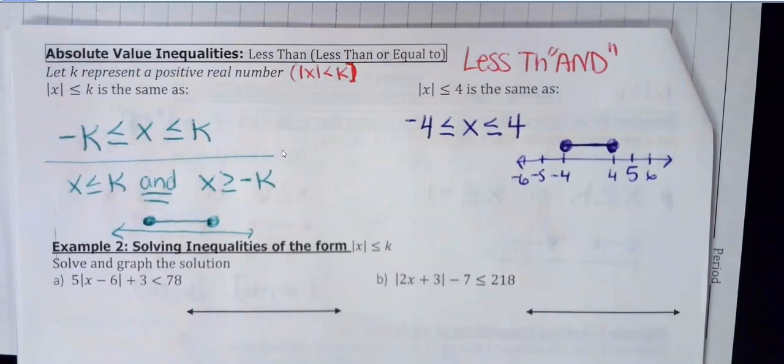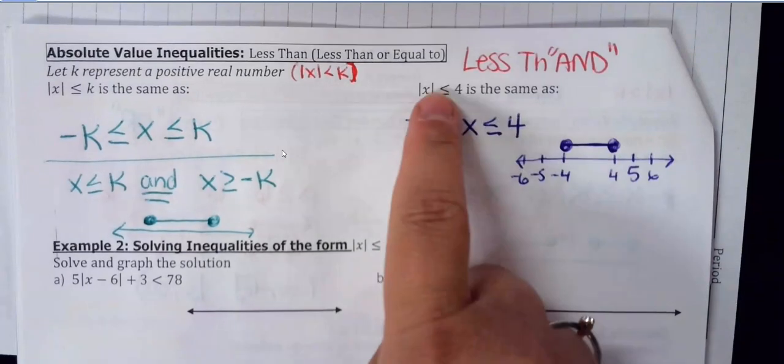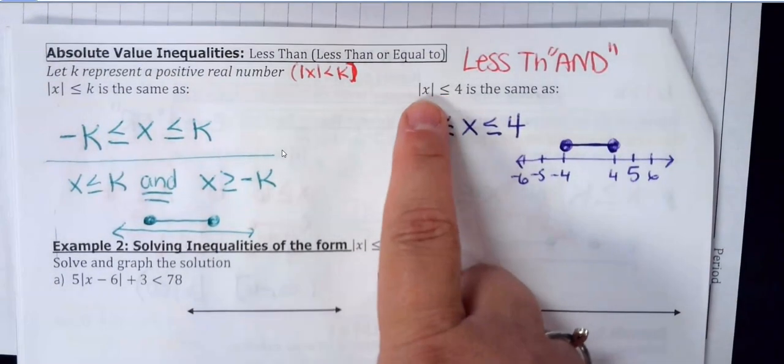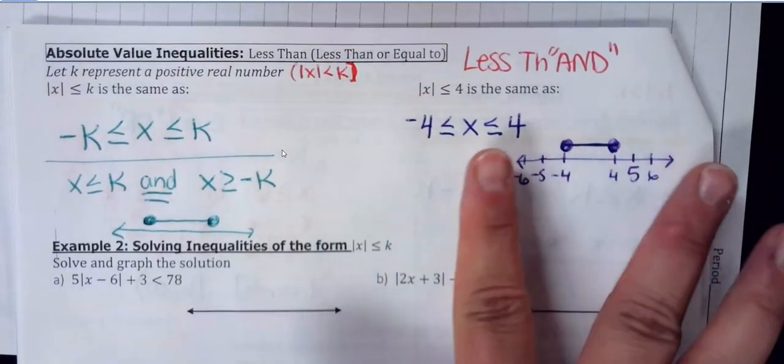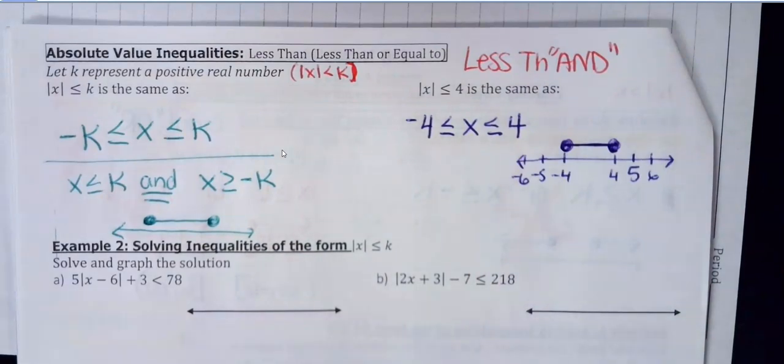Absolute value of 5 is not less than 4. If I get on this end where I've got negative numbers, like if I plug in -6, take your absolute value, cancels the negative, that meant then that I would say 6 is less than or equal to 4. So that's not going to work. So all these numbers outside here would not make the inequality true. Anything between the 4 and -4 is going to work.